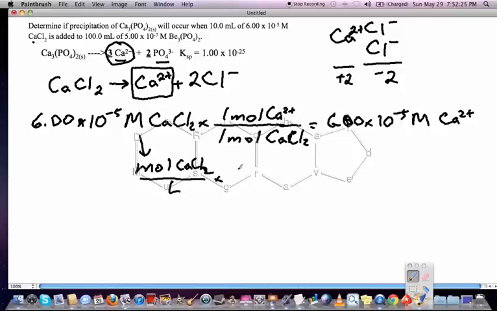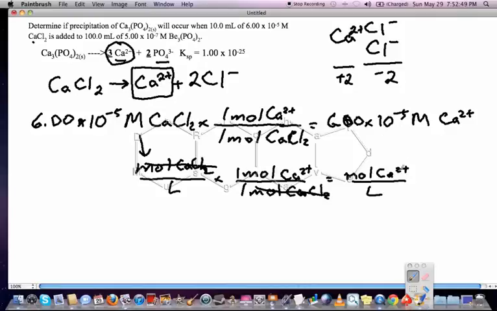Now here we've got 1 mole of Ca2+ over 1 mole of CaCl2. So what you see here is that the moles of CaCl2 will cancel, and we're left with moles of Ca2+ per litre, which is this right here. So the dimensional analysis works out fine for that. I'm going to go ahead and delete that.